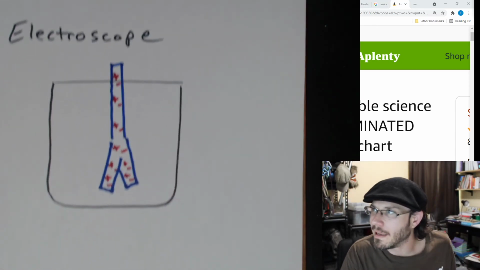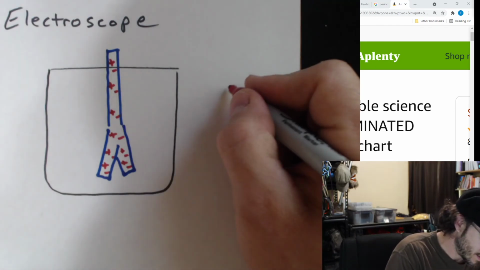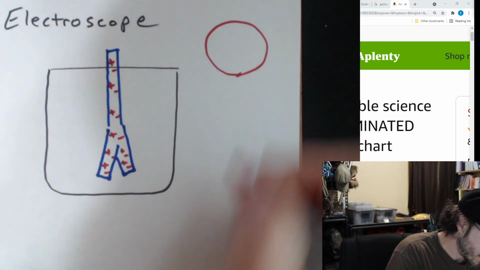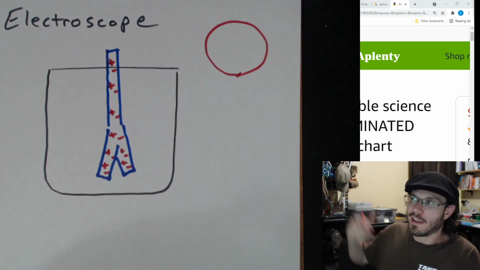Now, what happens if I take that balloon that I ripped away the electrons from?